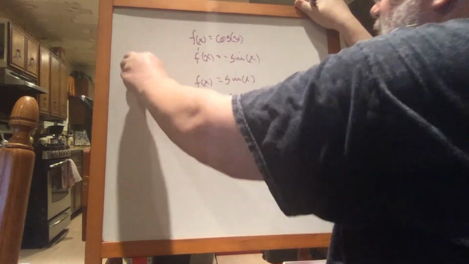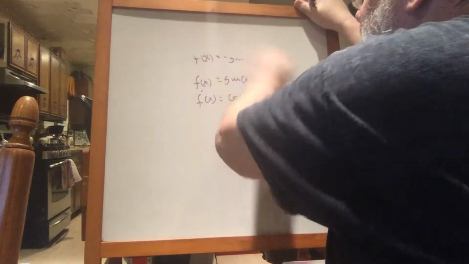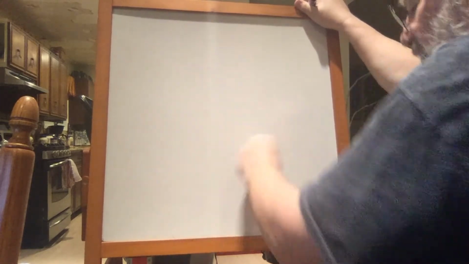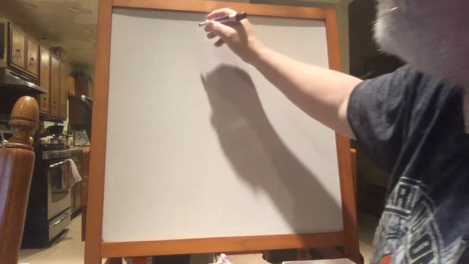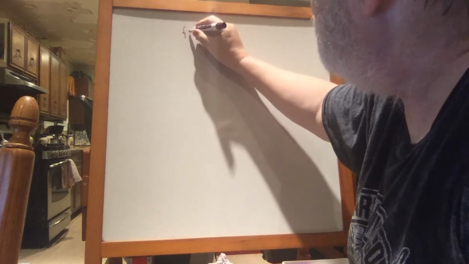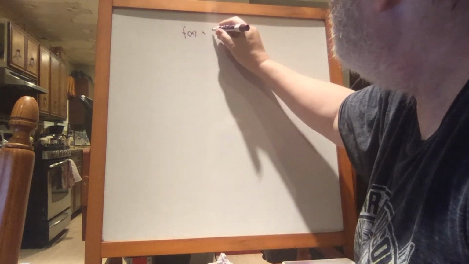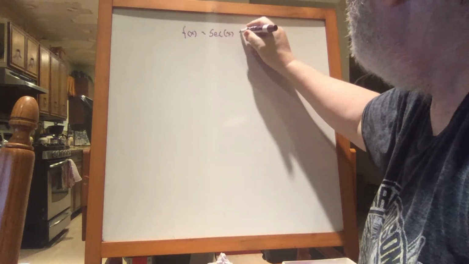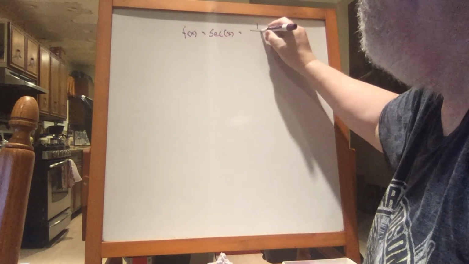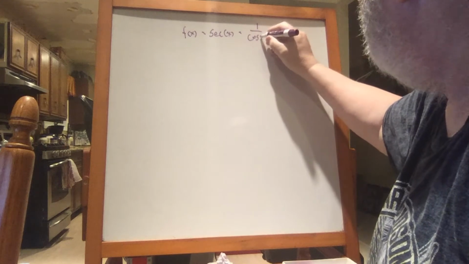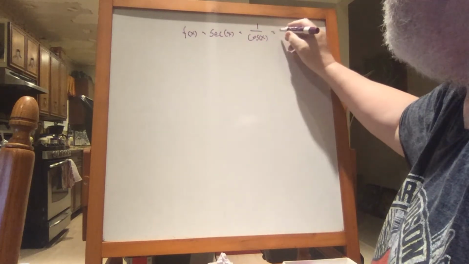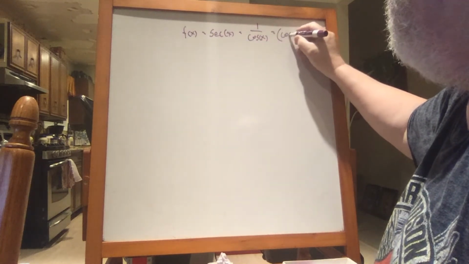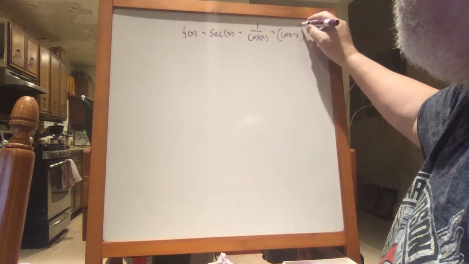So let's take a look at the secant. When f of x is equal to the secant of x, that's equal to 1 over the cosine of x. That's equal to the cosine of x to the negative 1 power.